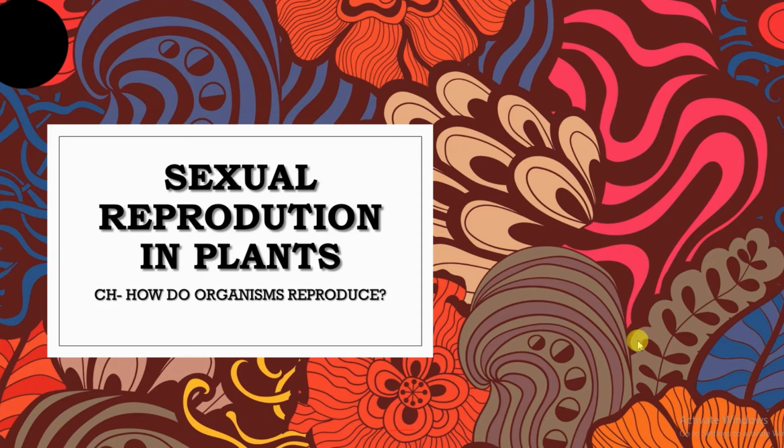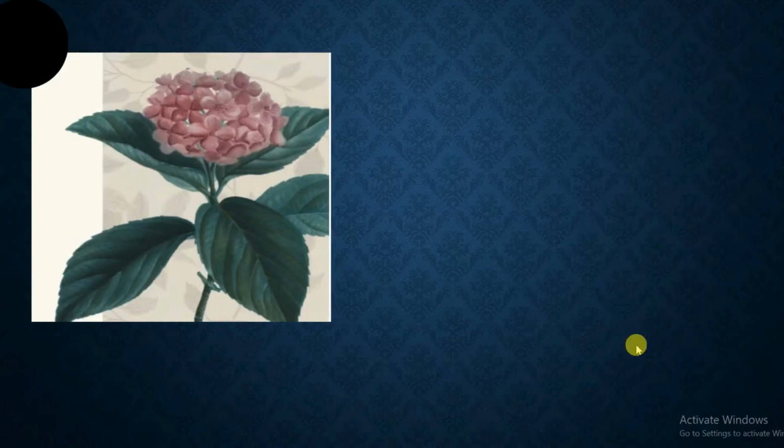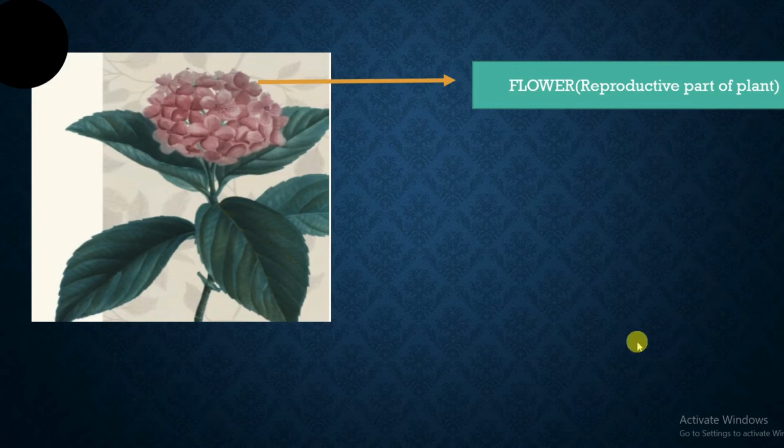Before we study that, you need to know the parts of a flower, or the parts of the plant which take part in sexual reproduction. In a plant we have the roots, stems, leaves and flowers. The flower is the reproductive part of a plant.